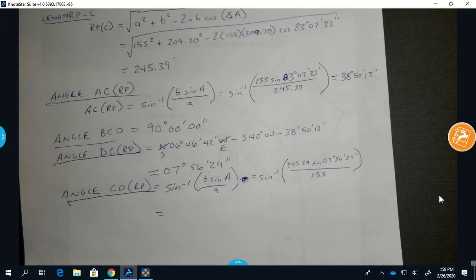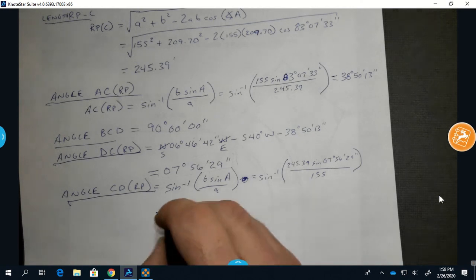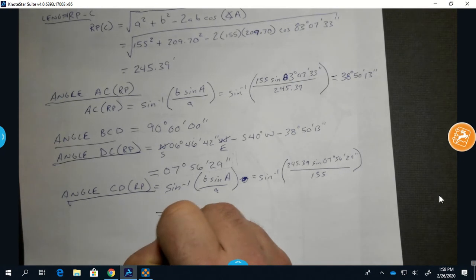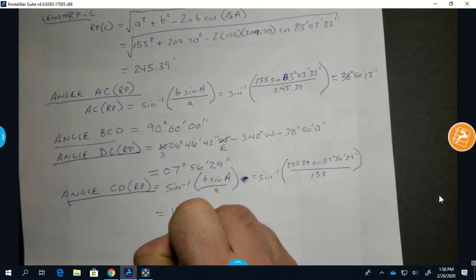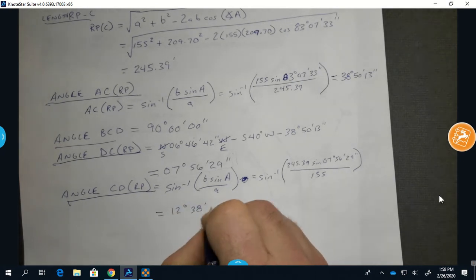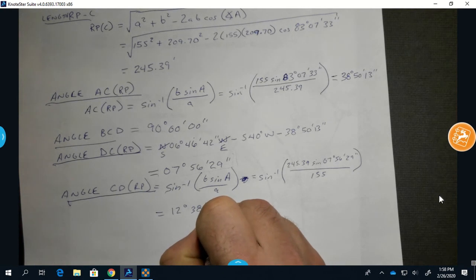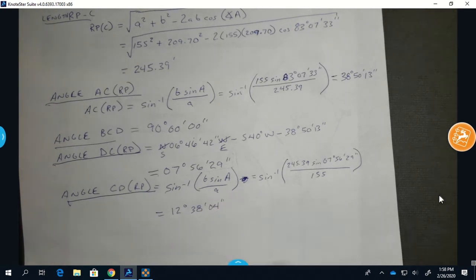And take the inverse sine. And then turn it back into an angle. We get 12 degrees, 38 minutes, 0.4 seconds.